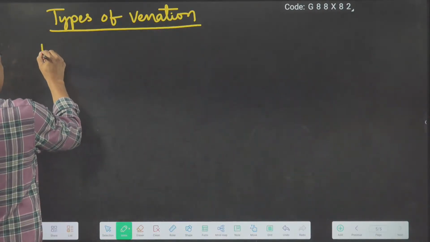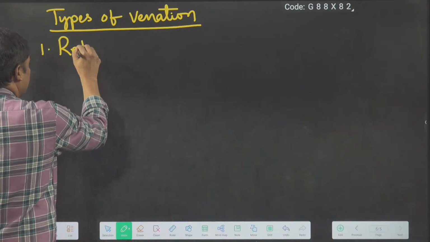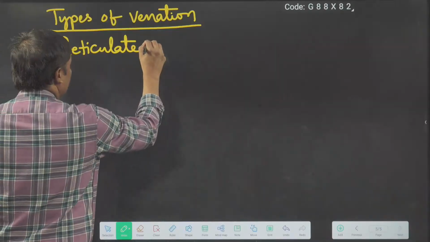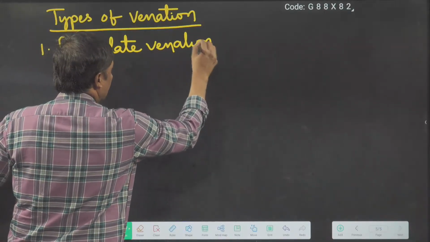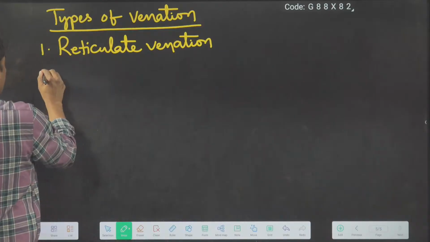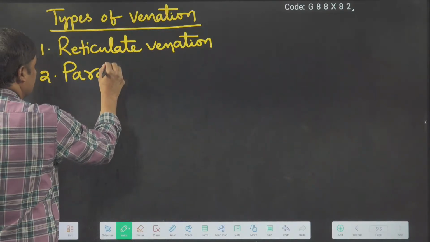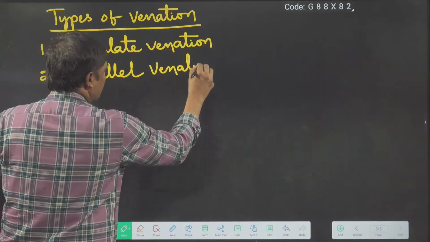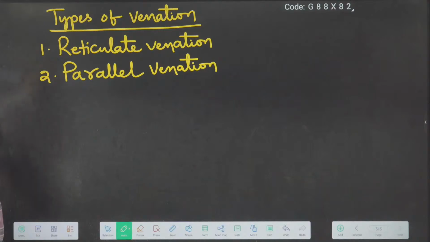Venation is divided mainly into two types. One is reticulate venation. Second one, parallel venation. Okay? Reticulate venation and parallel venation.